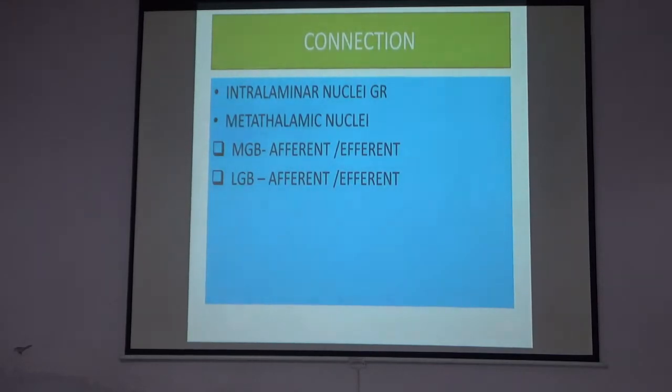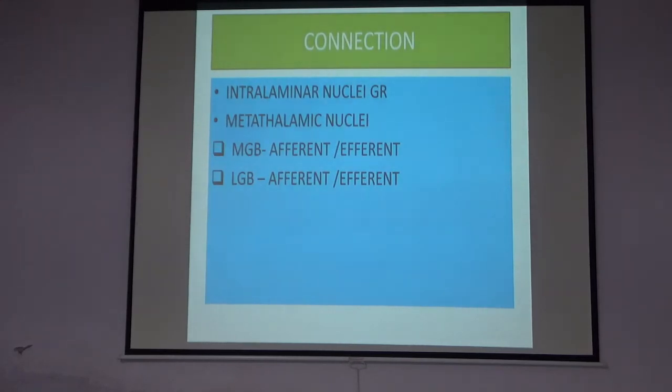Then the metathalamus or the metathalamic nuclei. We talked about the metathalamus, which consists of two nuclei, the medial geniculate body and the lateral geniculate body. We already have studied the sensory system, and you have heard these two nuclei, the medial geniculate nucleus and the lateral geniculate nucleus.